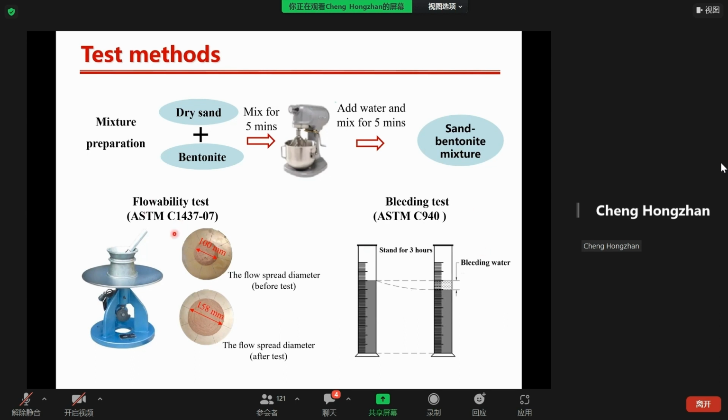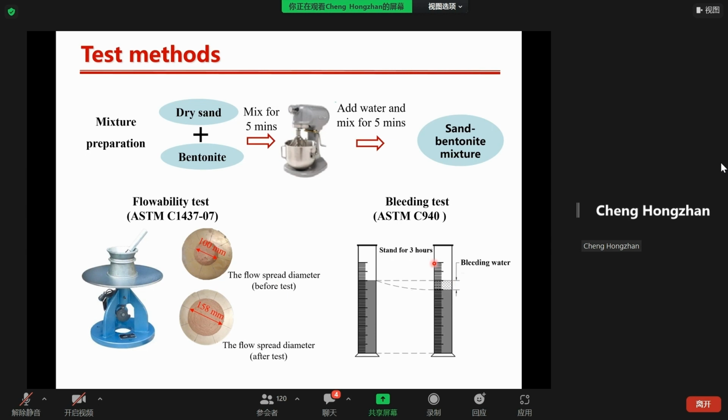The flowability test used the flow table method, with a standard flow mold, and the flow spread diameter was measured. Apparently, a large flow spread diameter means a higher flowability.